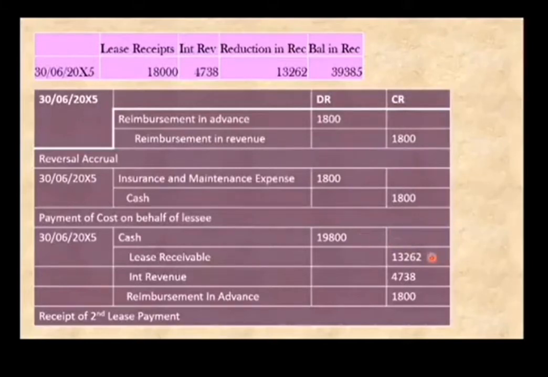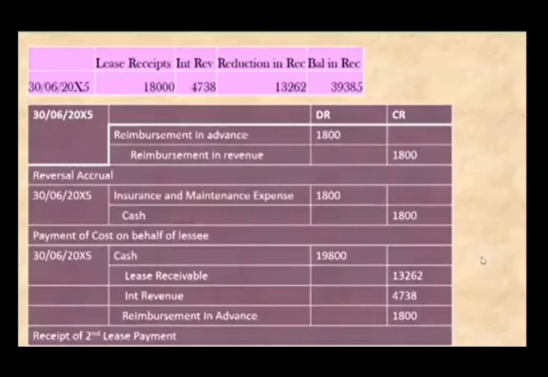And the lease receivable, this amount and this amount, where do we get it from? It's from the table that we calculated just now. It's the schedule in lease receipts. So if you can see, there's this reimbursement as well. This is the receipt for the second lease payment.